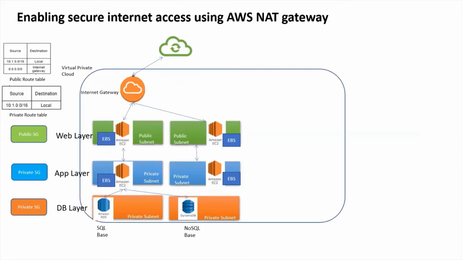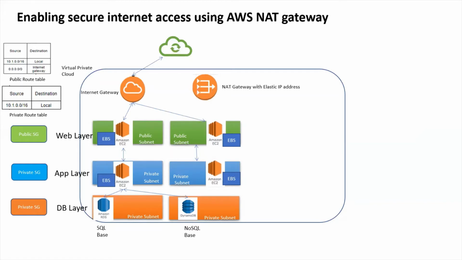In this use case, first we are enabling secure internet access using the AWS NAT gateway. In a private network, the instances do not have direct access to the internet gateway. So we are using the AWS NAT gateway for private instances so that they can have access to the internet to download security patches and install them.